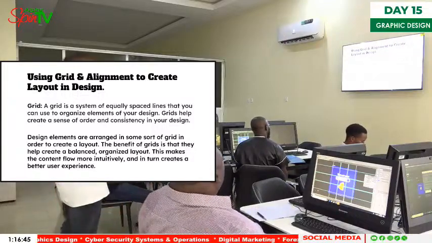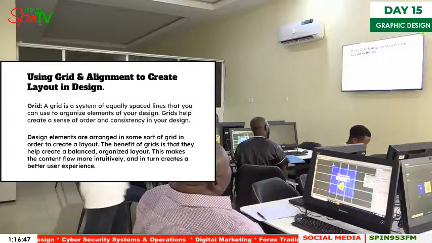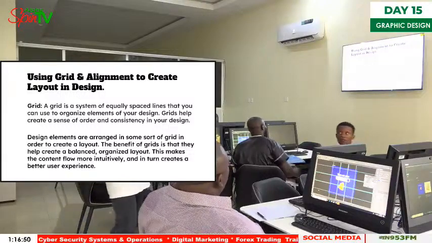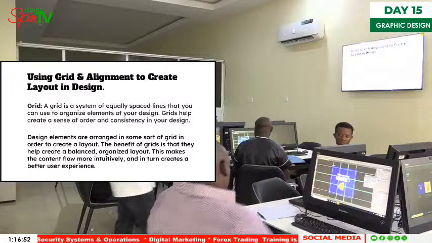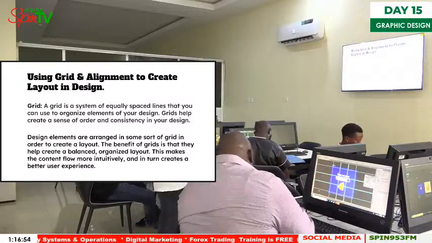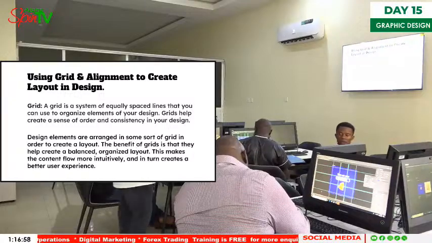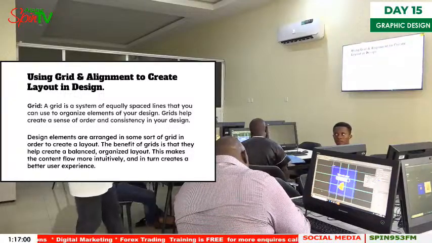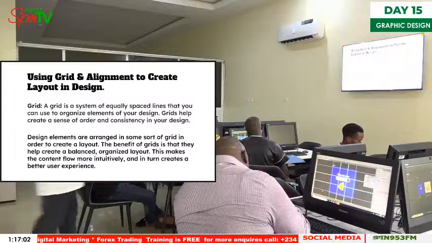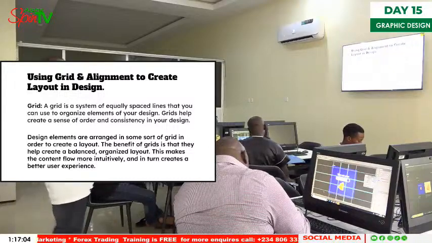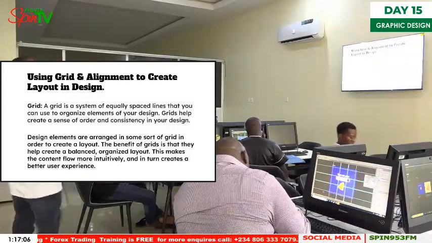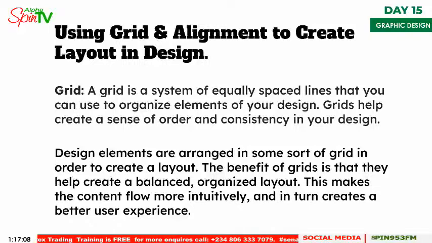You remember while we were discussing the keyboard, we said Ctrl L is to left align, Ctrl R is to right align, Ctrl E is to centralize, while Ctrl J is to justify.